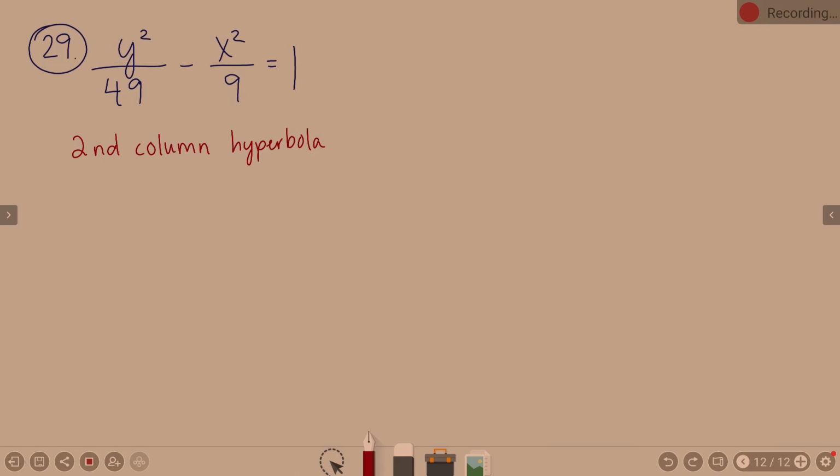We know A is 7. And we know then B is 3. Where is this centered at? Okay, this one is centered at 0, 0, because it's just x squared and y squared on top, right?